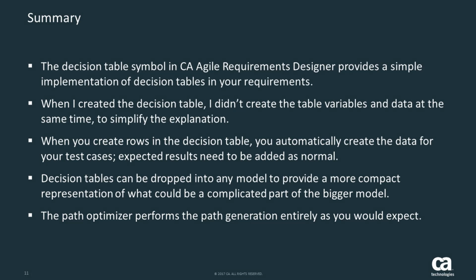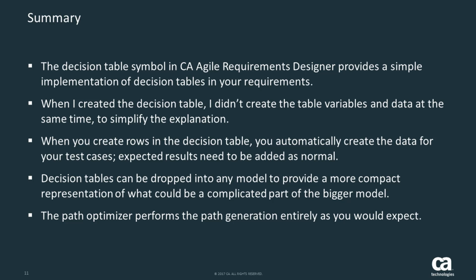The decision table symbol in ARD gives you a simple implementation of decision tables for your requirements. So you could treat it as like a black box which provides a compact way of summarizing some more complicated decisions and outcomes. Now, when I created the decision table in ARD, I didn't create the table, variables and data at the same time as I created the table. I did this just to simplify the explanation.